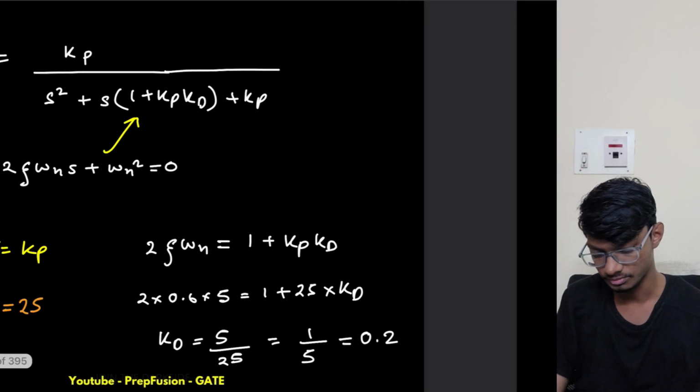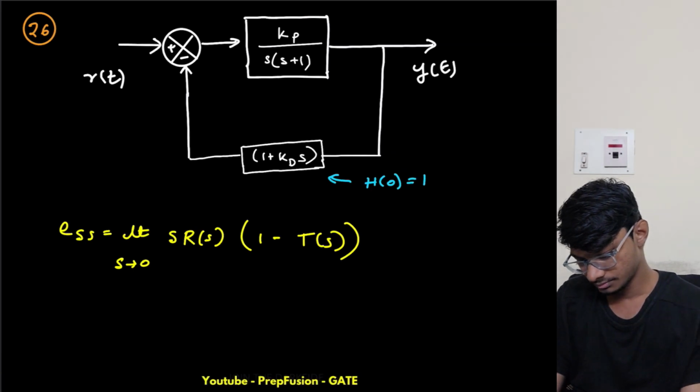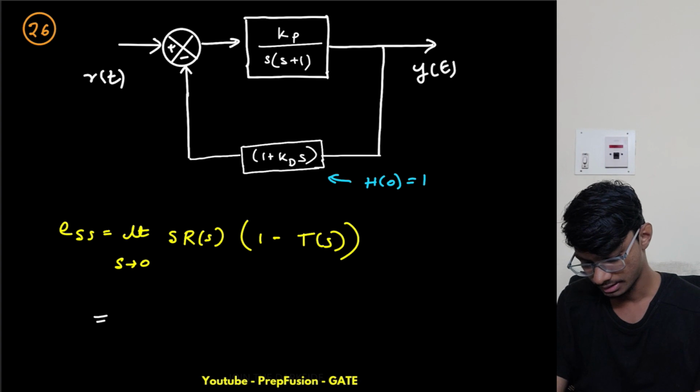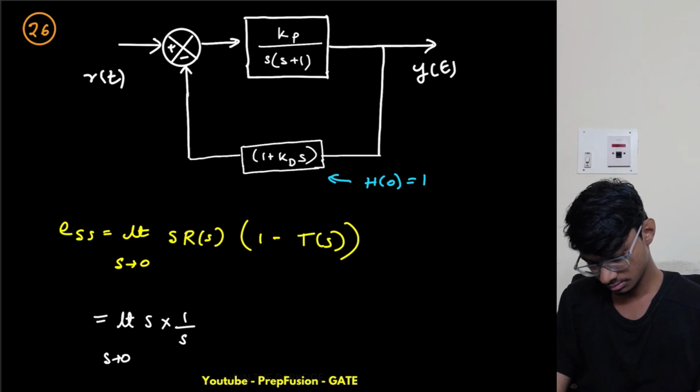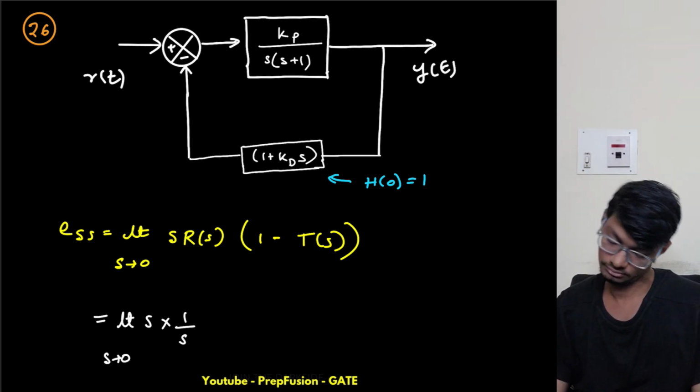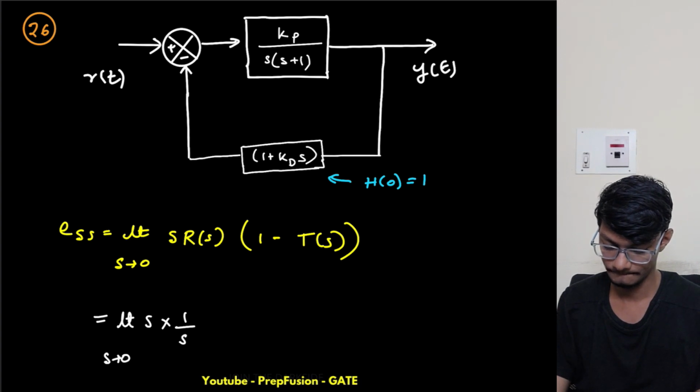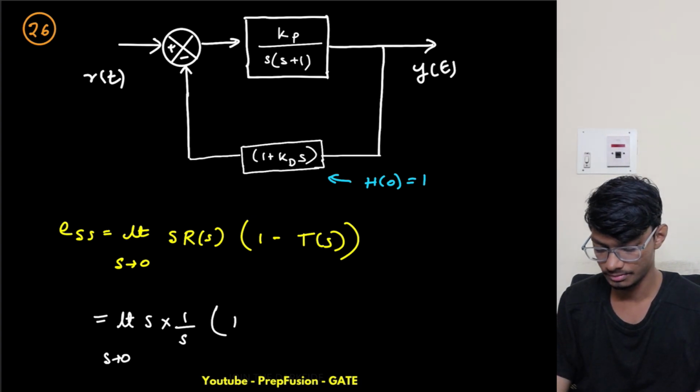So for a unit ramp input, this is s, okay, and limit as s tends to 0 into 1 over s into 1 minus transfer function.